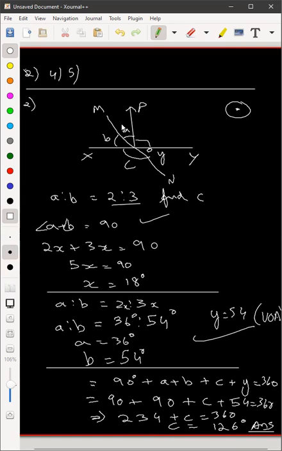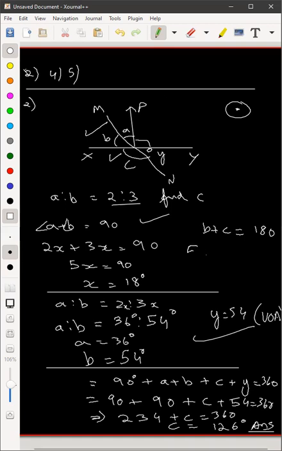Another way we could have done is, a simpler way. We know that B plus C is 180 degrees. Linear pair? Yes, sir.